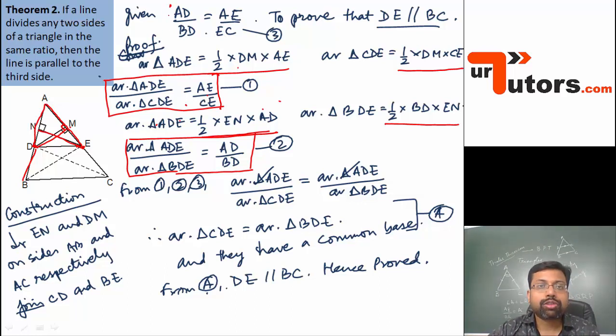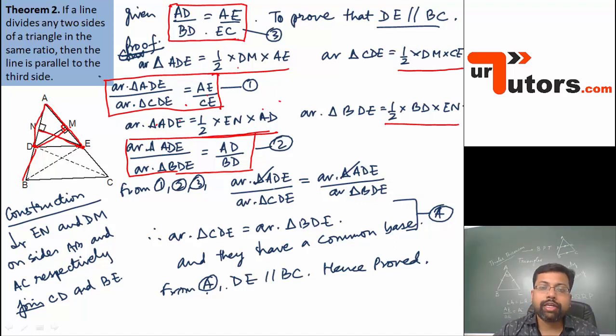Now you have three equations here. One is given, so the ratio is the same, and you obtained two other separate equations. We see that in equations 1 and 2, the right hand sides are equal. So the left hand sides would also be equal.